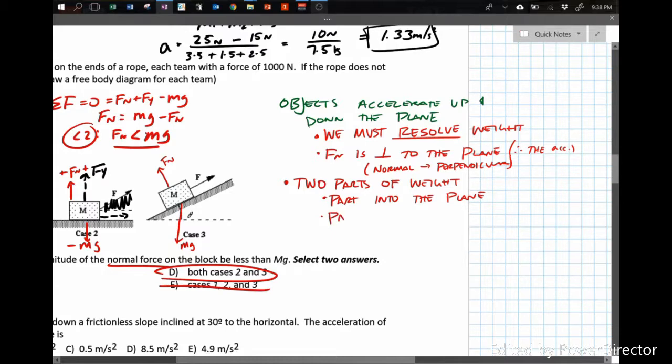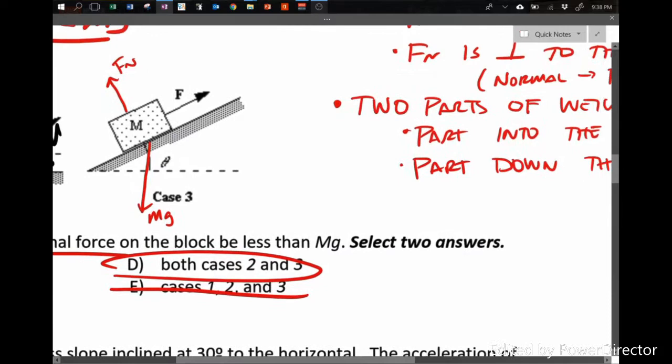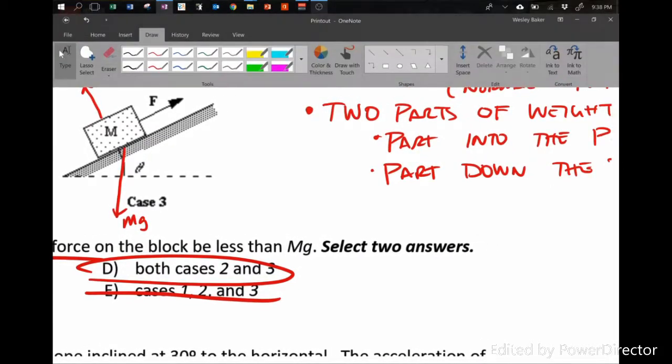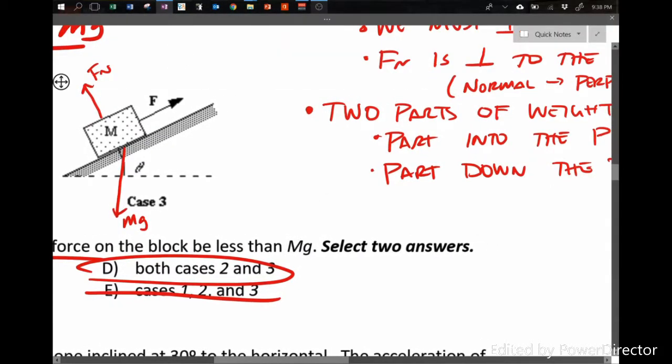We have a part down the plane. So looking at weight right here, really zoom in so we can see it well. Part is into the plane, part is down the plane.